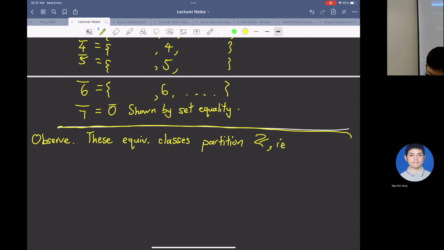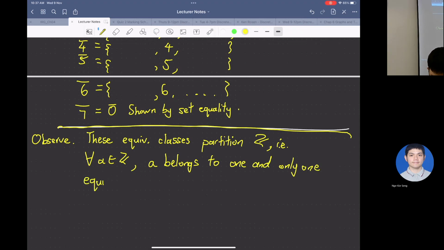For every integer A, it belongs to one and only one equivalence class, which is A bar.